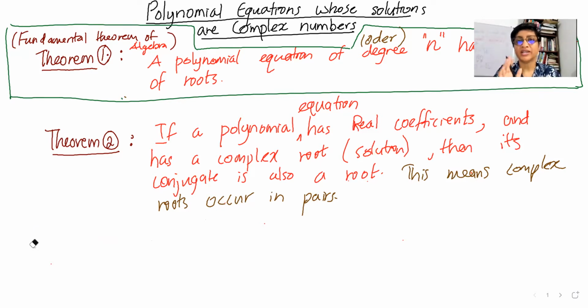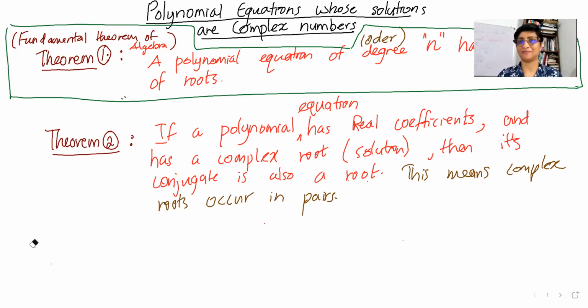Then, if such a polynomial equation has a complex root, definitely its conjugate will also be a root. You will never get a single complex root as a root. They always occur in pairs. For example, if 2 plus 3i is a solution of a certain equation, 2 minus 3i will also be a solution.